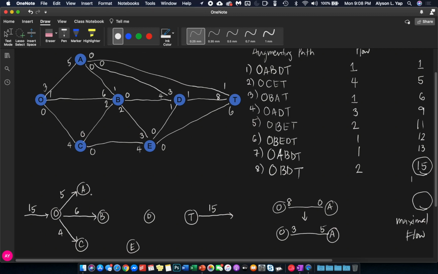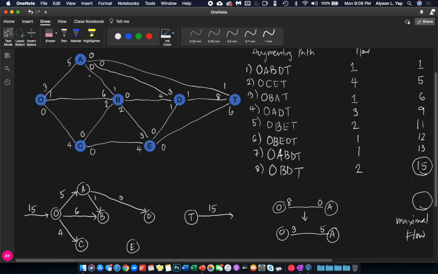Okay? Now, the 5 units that entered A, how did they go through and exit the network? If you look at AB here, it has a capacity of 0 and 1. What does that mean? That means 1 unit moved to B. In the same way, the capacity from A to D is a 0-3, which means 3 units moved to D out of the 5.